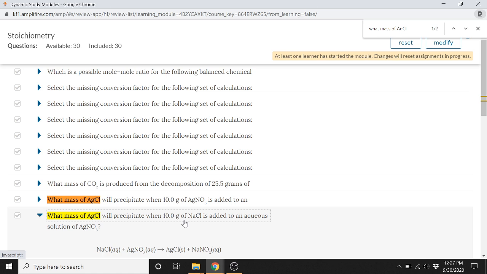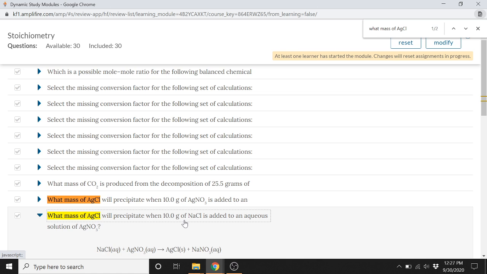How would you go from grams to moles? If I have 1 mole is 58, how many moles are 10? You have 10 grams, you can divide it by your molar mass, and that would cancel out grams and give you moles.